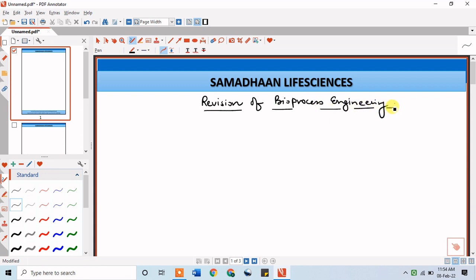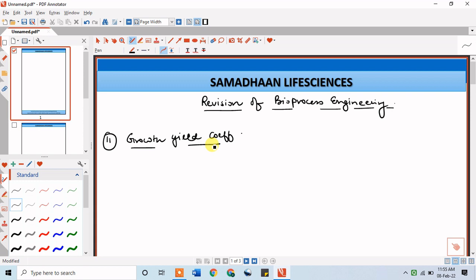Okay, so in the previous video हम लोगों ने 10 formulas देख लिए थे, and in today's lecture I would be talking about the 11th formula, and that is about growth yield coefficient.